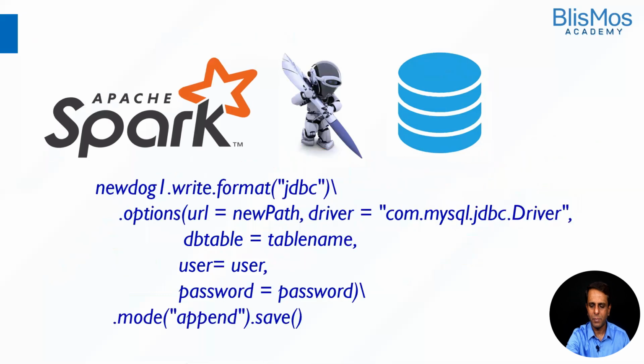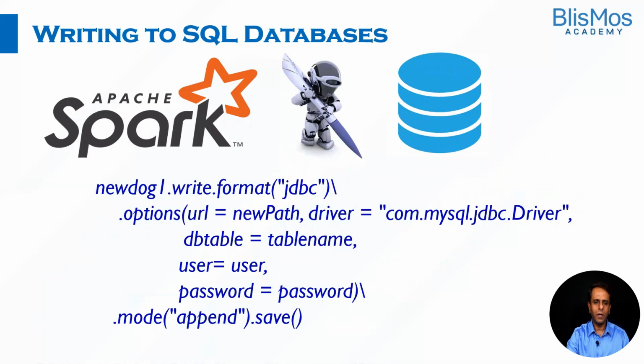Let us look at an example. If you see here, I am taking the contents of this data frame. The name of the data frame is new doc1, and I am using a data frame writer, and the format here being JDBC. I am using the different options. URL, it is a new path.